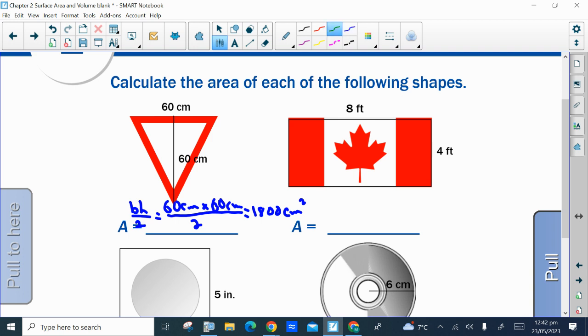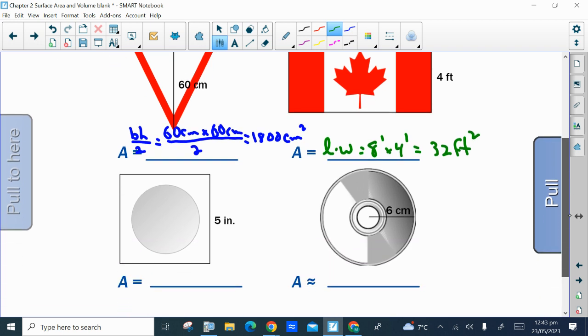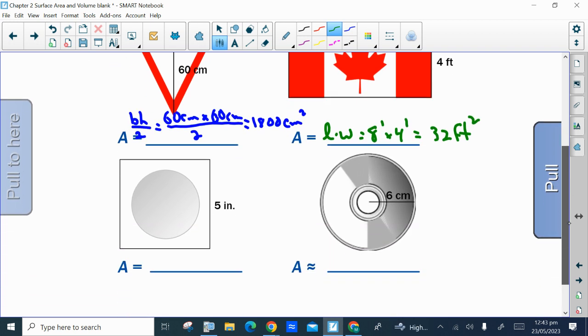The next one is a rectangle, and the formula for area of a rectangle is length times width. So we have a length of 8 feet times a width of 4 feet. 8 times 4 is 32, and again, remember that area is always in units squared. So that'd be 32 feet squared or 32 square feet. The next one is a square. So each side would be 5 inches long.